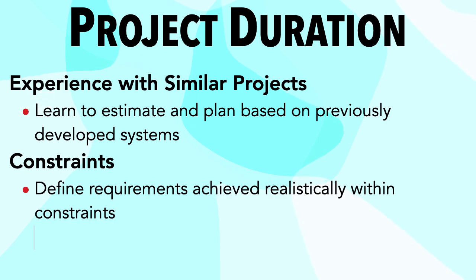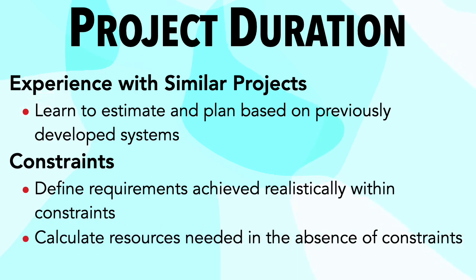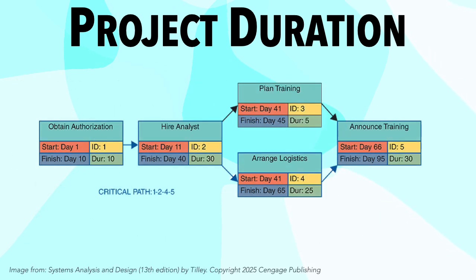As part of this, project resources will calculate what they need to do in the absence of constraint, for example, coming up with a PERT or critical path diagram, such as what we have here. This is just a simple example showing, in the early stages of project management, putting together an estimation as to how long each of the key tasks will take.